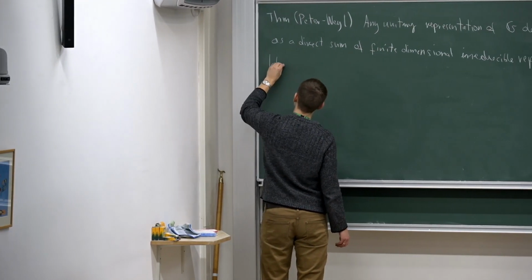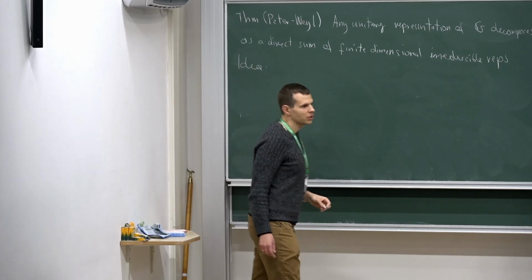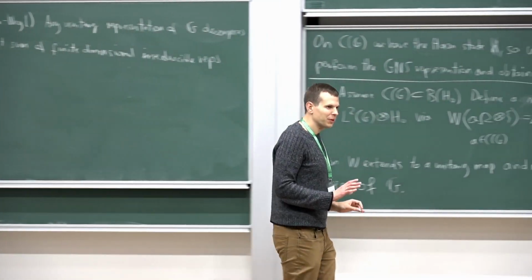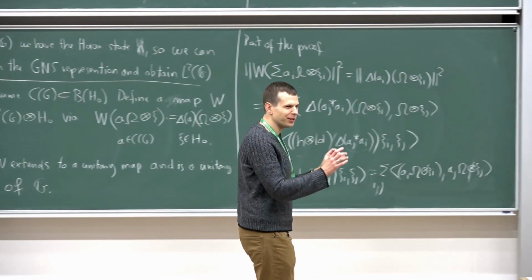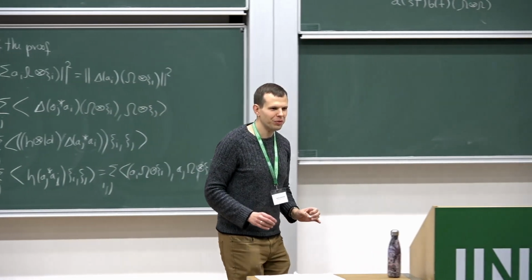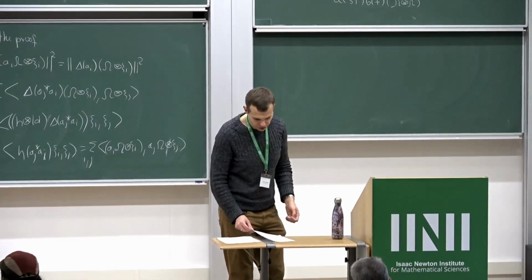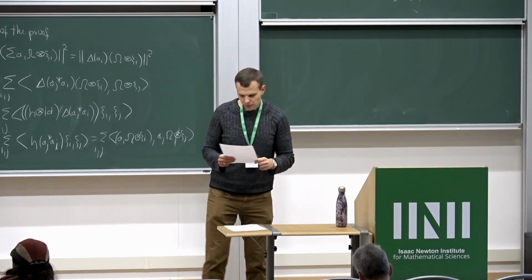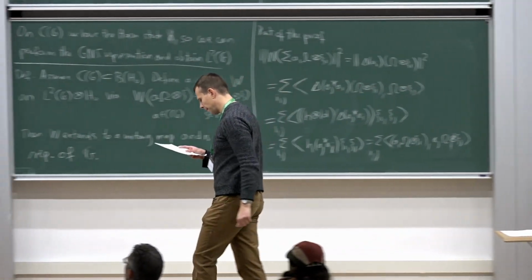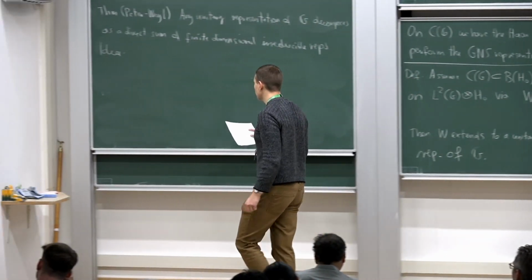So the idea of the proof is once again to use our favorite tool. It seems like we only have two tools: use the cancellation rules and use the averaging trick with respect to the Haar state, and that's good. So the idea is as follows.